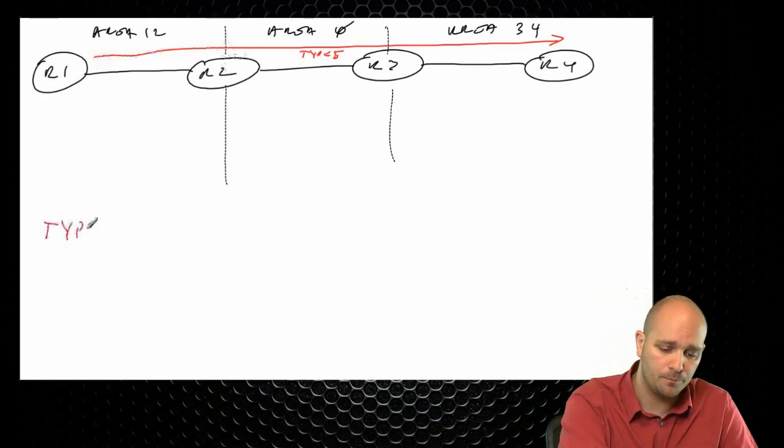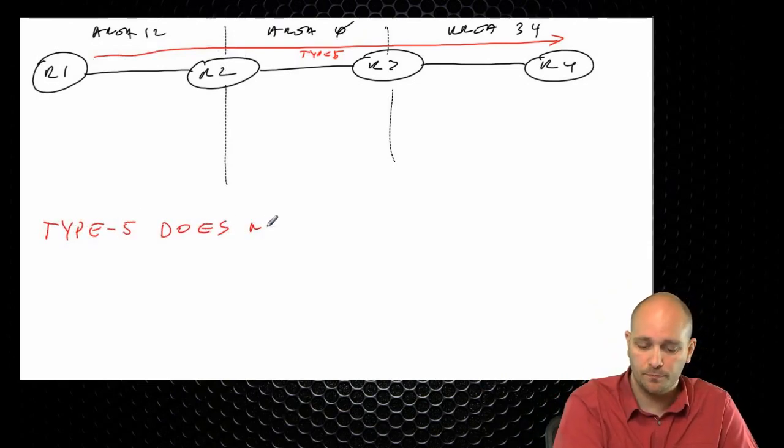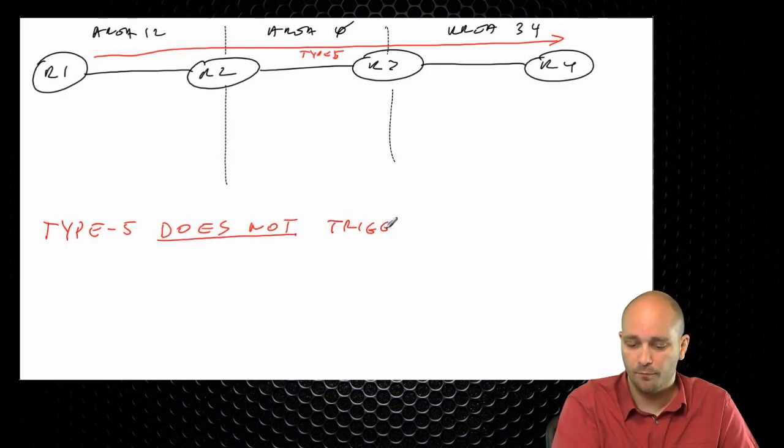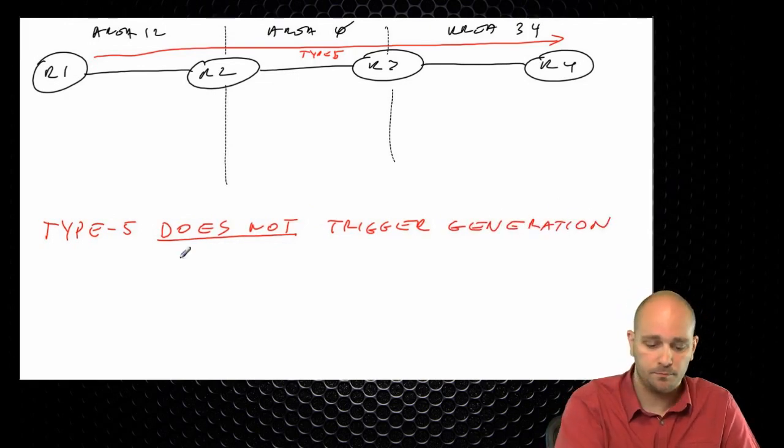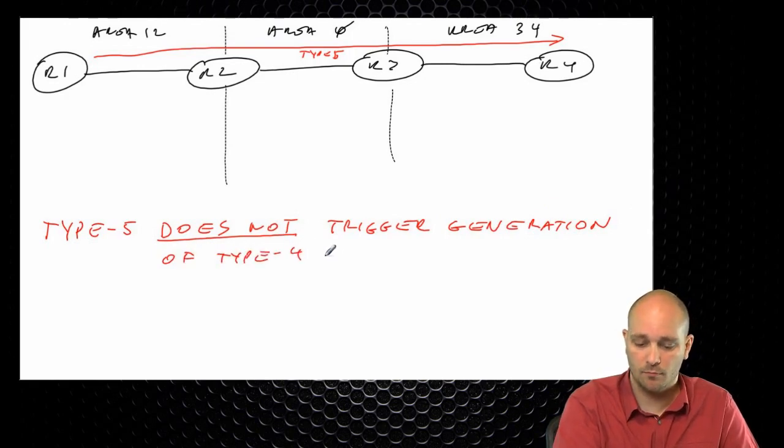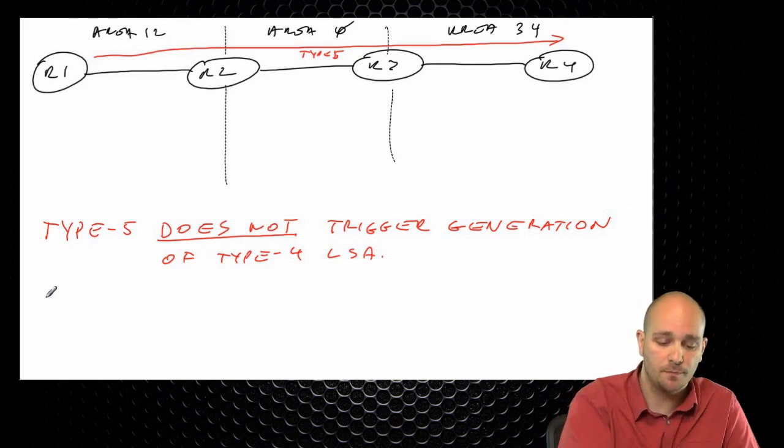Type 5 does not trigger generation. There are 2 triggers that generate type 4 LSAs.